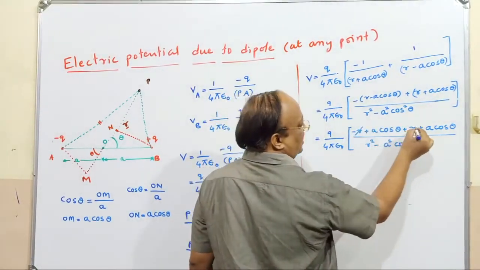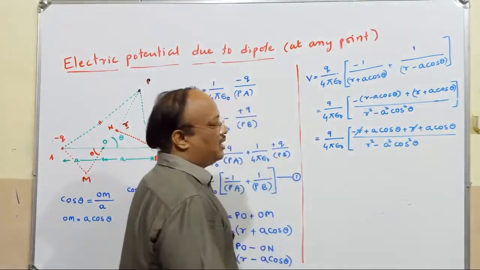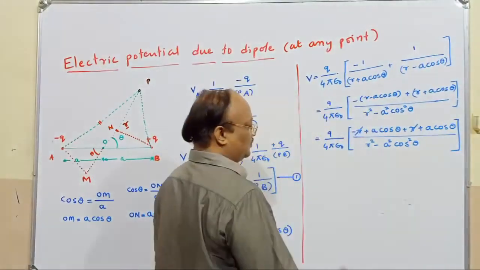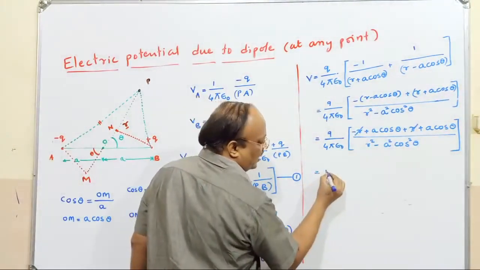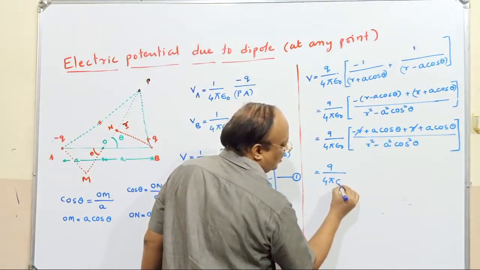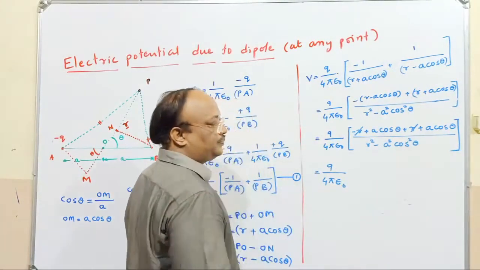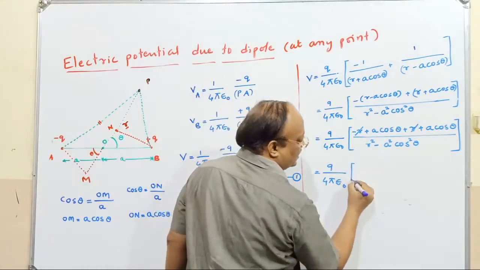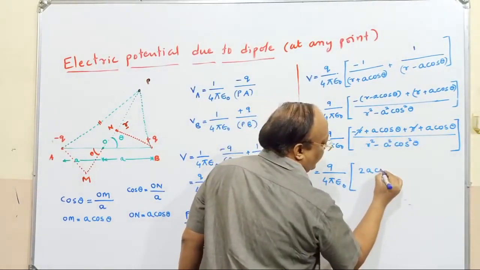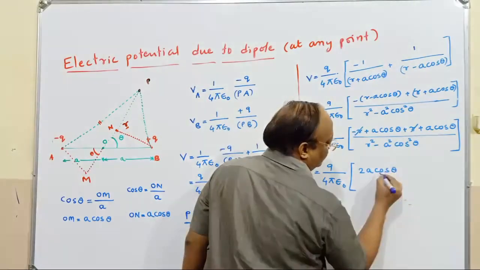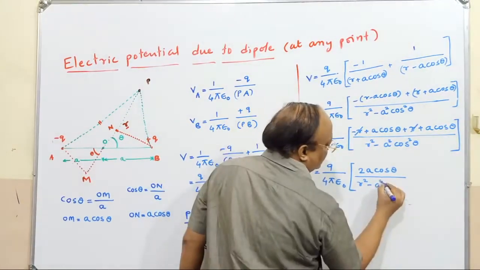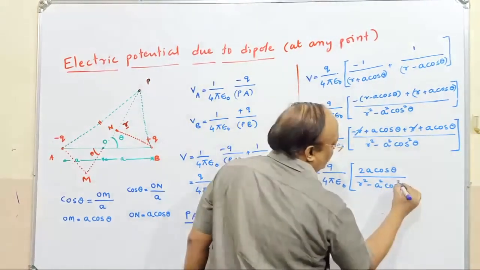So this minus R and this plus R get cancelled. So what is left out? It is Q by 4 pi epsilon naught, inside A cos theta and A cos theta, it is 2A cos theta divided by R square minus A square cos square theta.